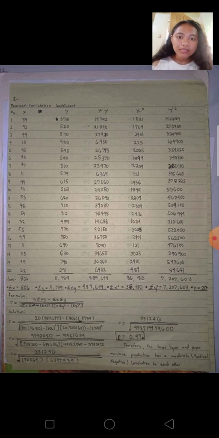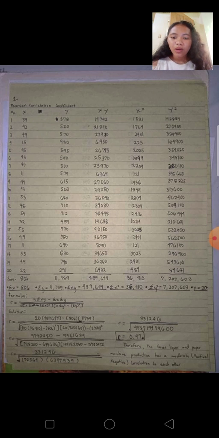Then same process again, you should multiply the variables in the y column until the last variable, which is 291 times 291 is 84,681.